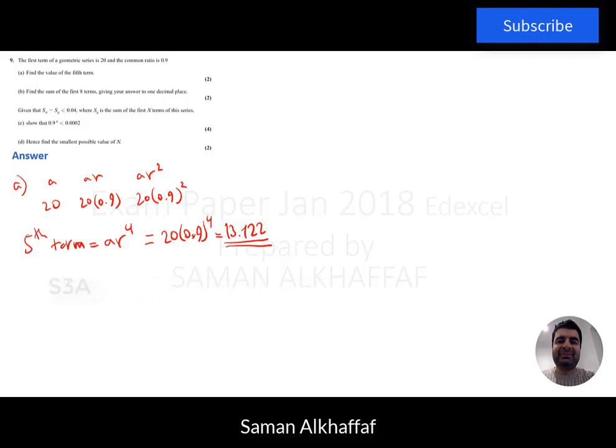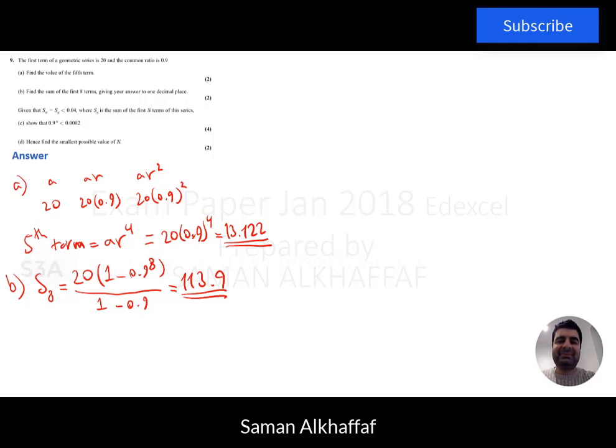That will be in terms of 20, where we have a, and based on the rule, it will be 1 take away the ratio r to the power of 8, close bracket, divided by 1 take away 0.9, which is the ratio, and that will give us approximately 113.9. This is based on the formula to use. So that will be our answer for part B.